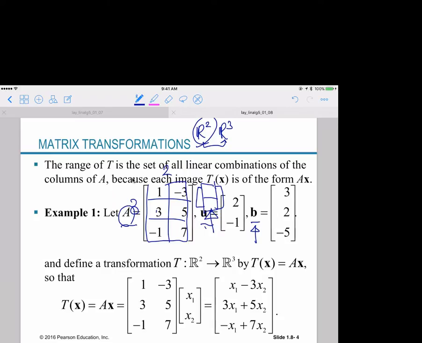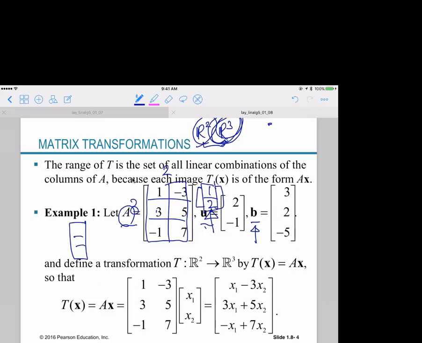And then what about the output? The output vector is living in R what? R3. Because suppose I gave [1, 2] as an input, and then you can compute A times X as this kind of three-dimensional vector, right?